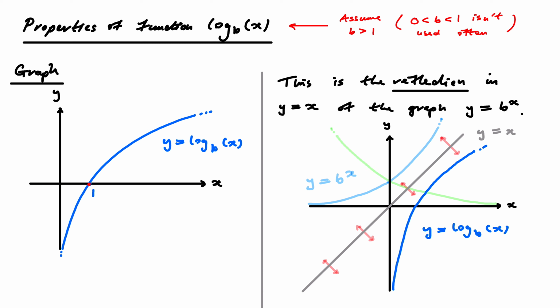So in this case, we're reflecting this in the grey line.